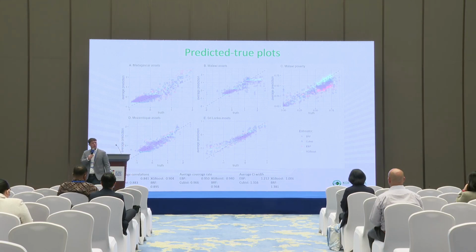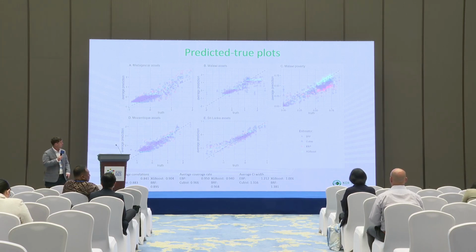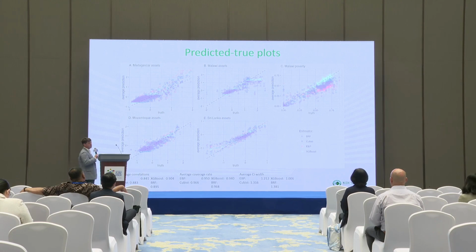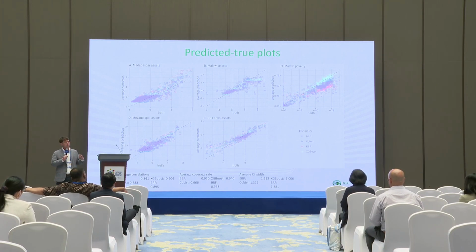And we also compare it with 3 other newer machine learning methods: boosted regression forests, cubist regression, and XGBoost, extreme gradient boosting. We use these geospatial features, almost all satellite derived, as the explanatory variables in these 4 different types of models.